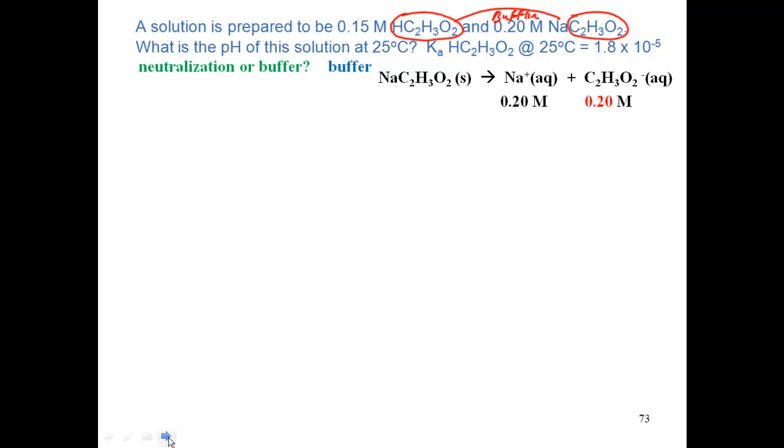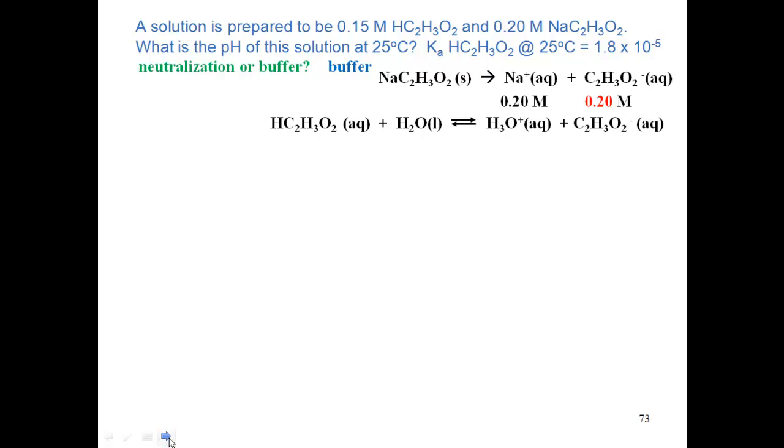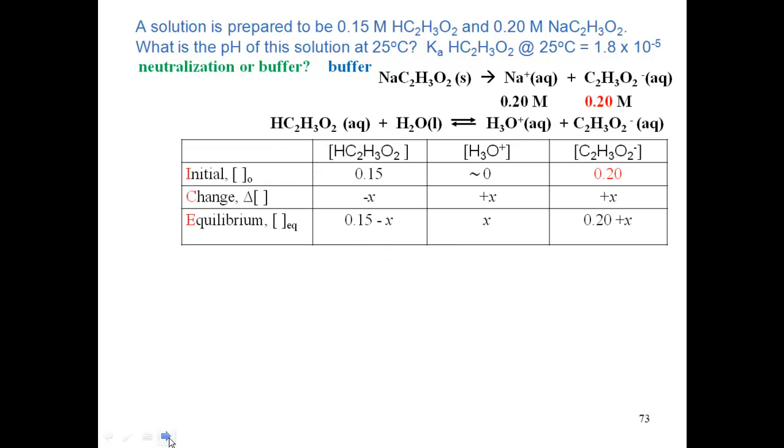What's next? Then I'll do my hydrolysis of my acid, which is my acetic acid giving me hydronium ions and acetate ions. Written in equilibrium, that means now I'm going to do my ICE table. Write my initial for my acetic acid, which is 0.15. I have 0 for my hydronium, neglecting the water.